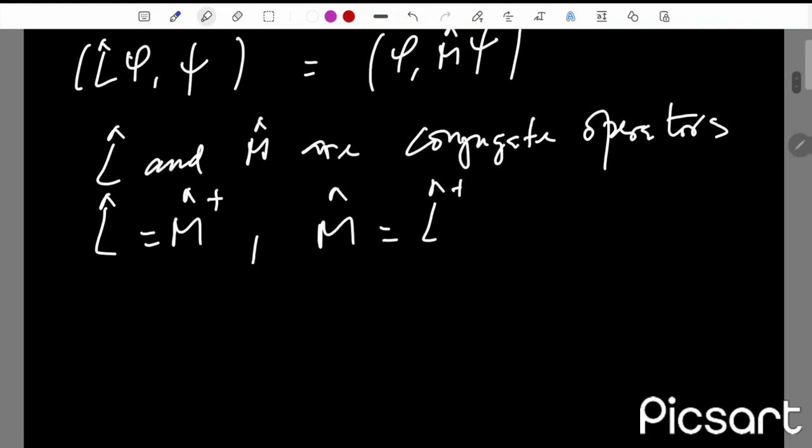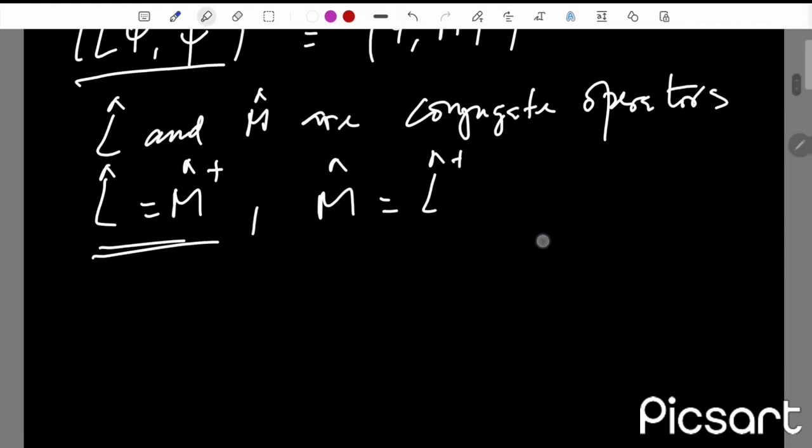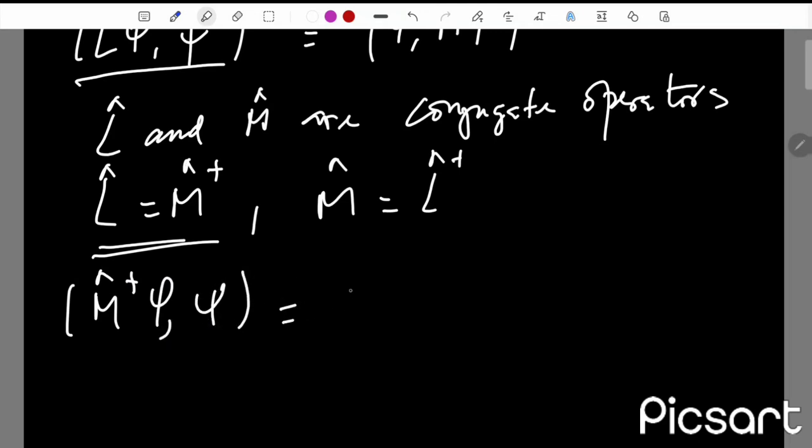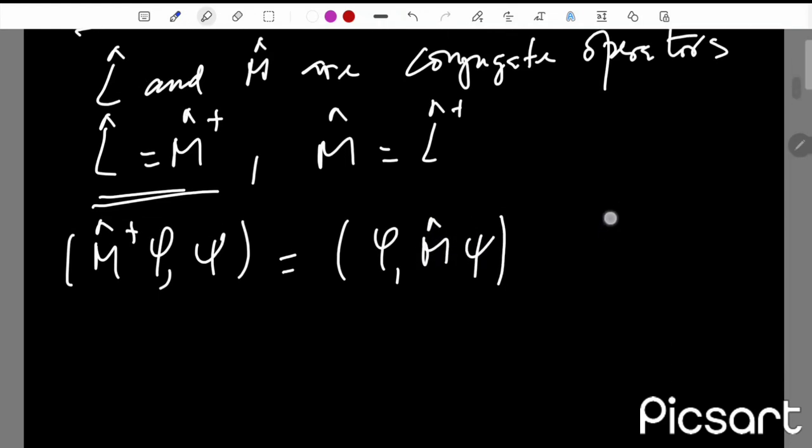For example, if we substitute this expression in this one, we have now M dagger acting on phi, psi is equal to phi, M, psi.